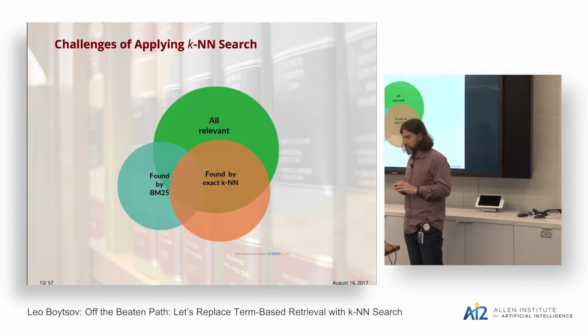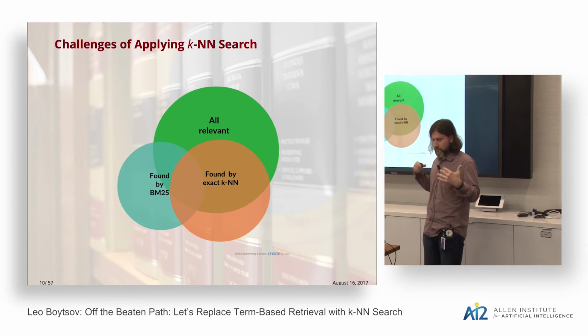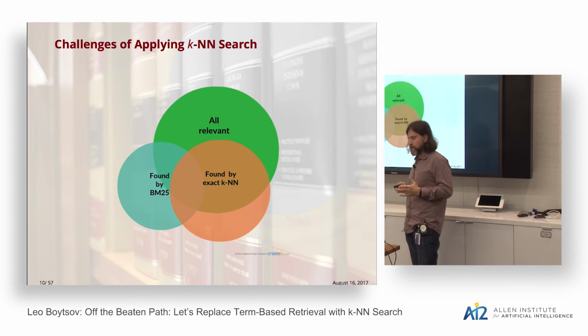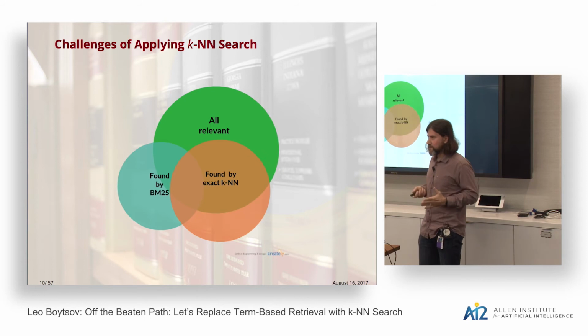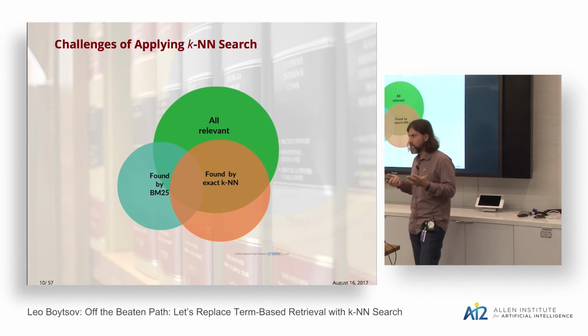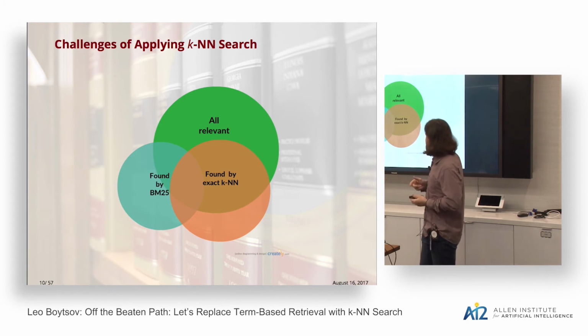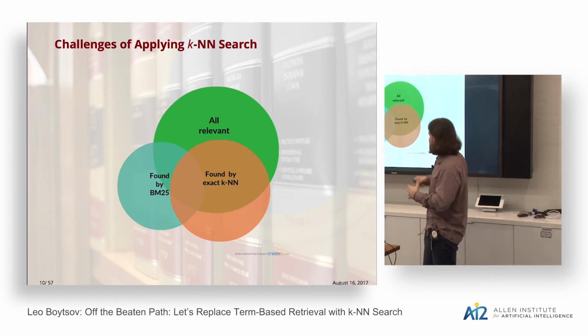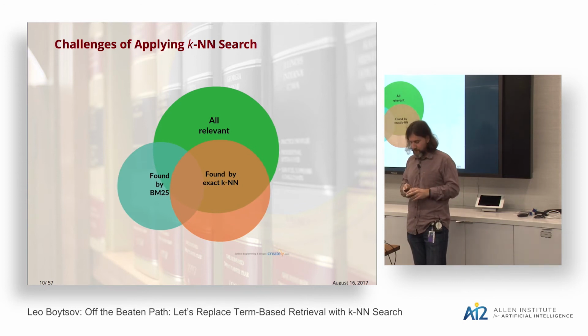And this creates additional challenges because to replace or complement, say, TF-IDF-based retrieval with generic KNN search, we have to achieve two challenging objectives. First, we need to design a simple yet effective similarity that would beat a baseline method such as BM25 by a good margin. I illustrate this here by showing that the set of relevant documents, this green circle returned by exact KNN search using this good similarity, is much larger than the set of documents found by BM25.